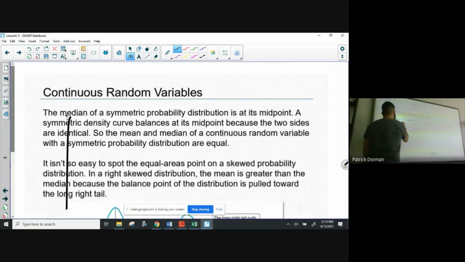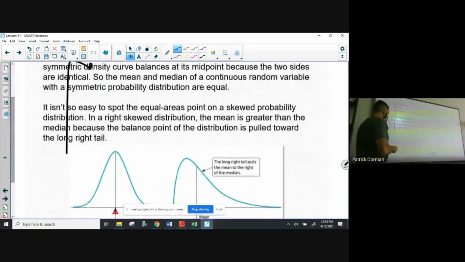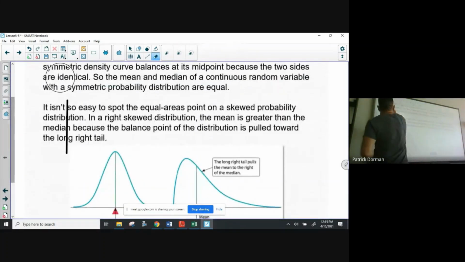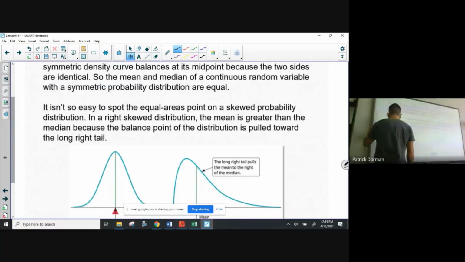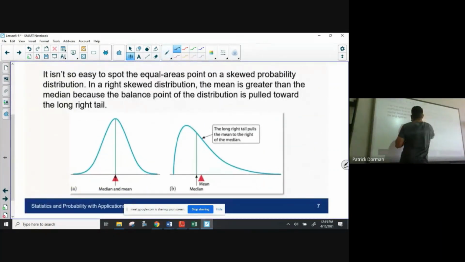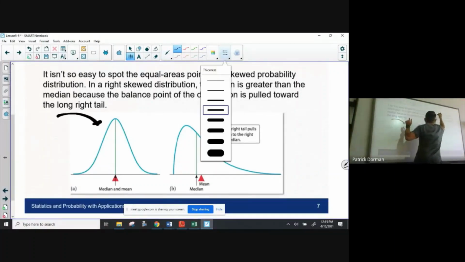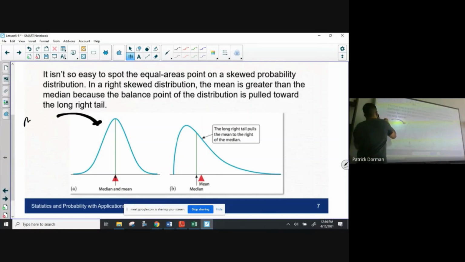So if it's perfectly symmetric, then mean equals median. They're going to be the same.